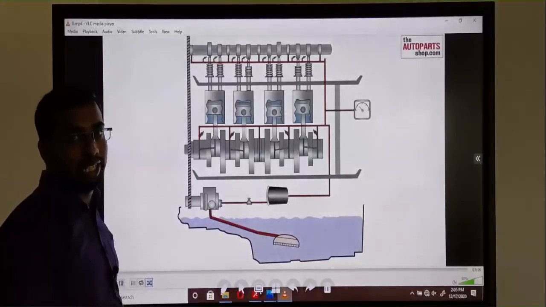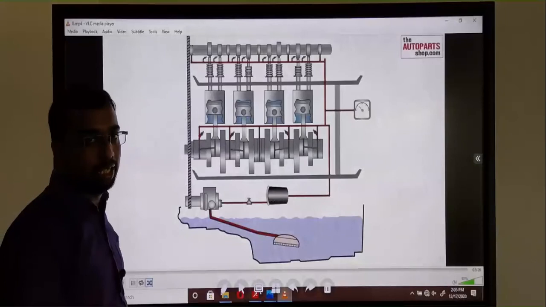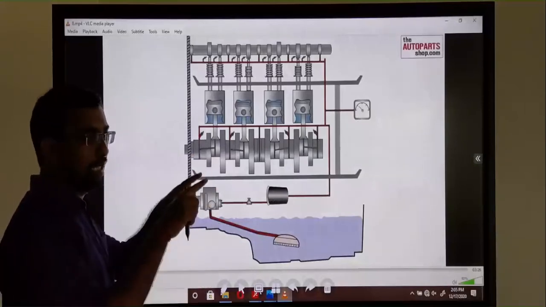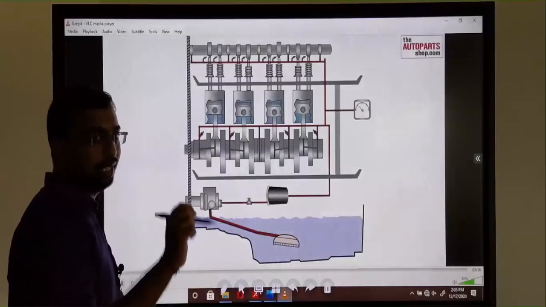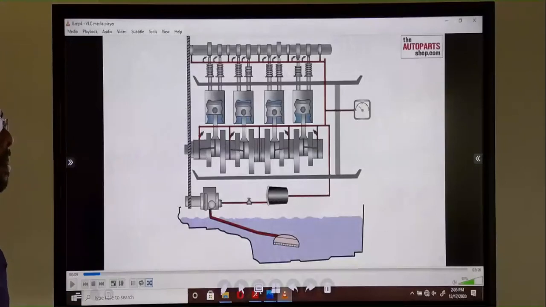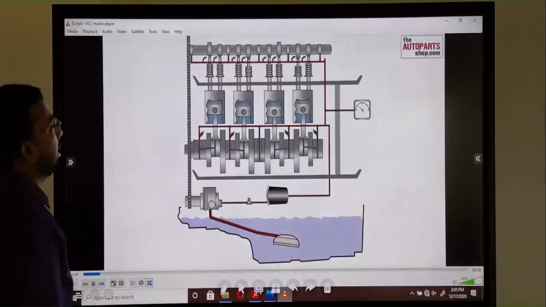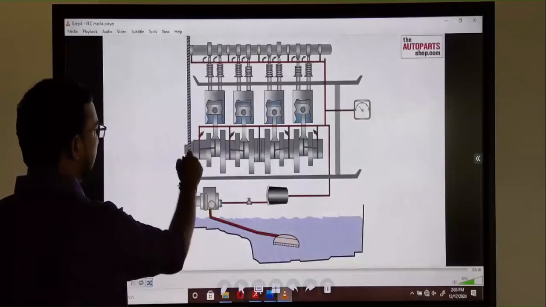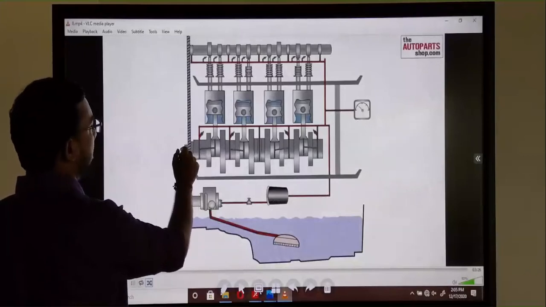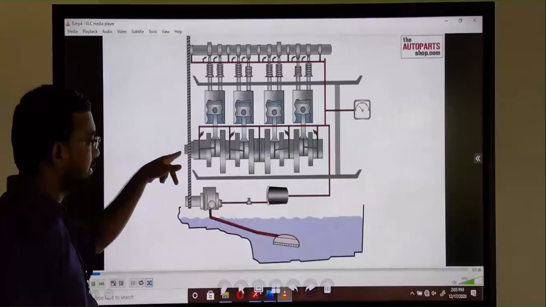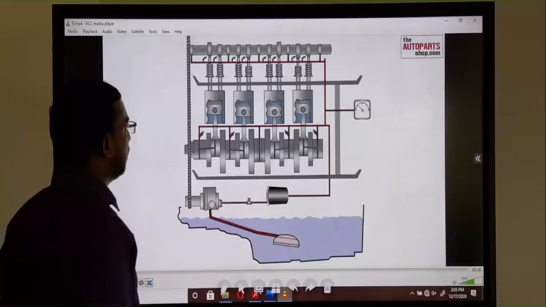There is an engine oil indicator, an LED panel, in the dashboard where we can see the oil indicator. This oil pump is connected by a belt to another pulley of the crankshaft. Here you can see the crankshaft.